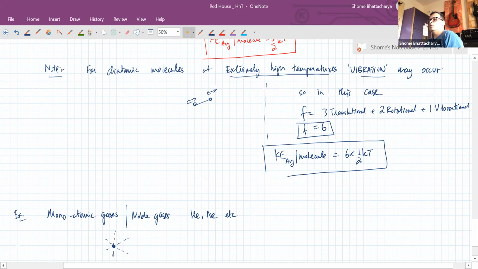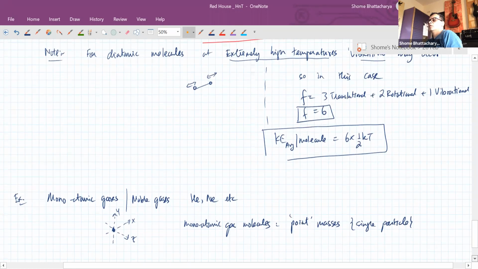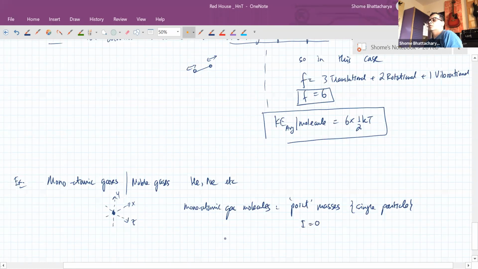I mean, there is no moment of inertia about its own axis, so only translation is possible. So moment of inertia is 0.